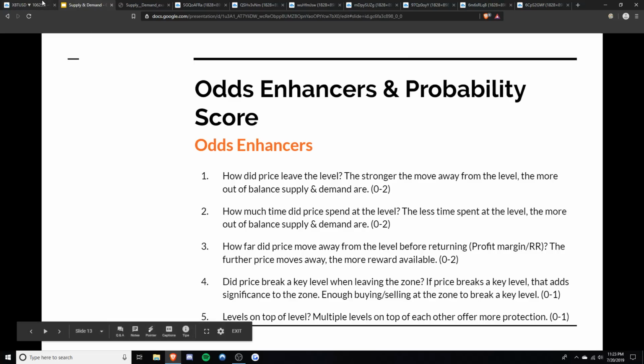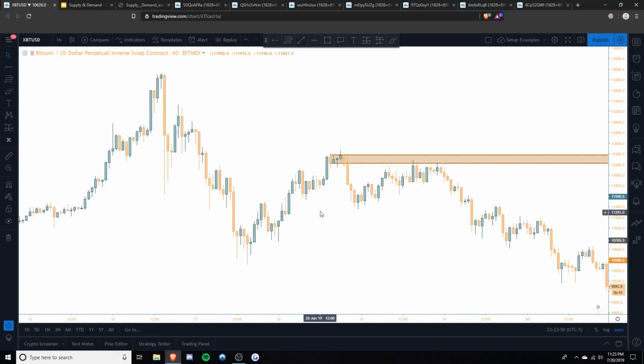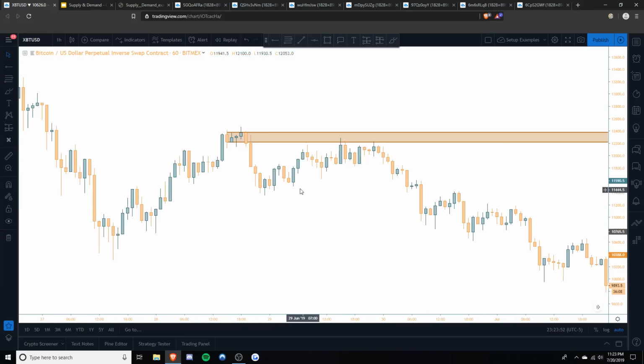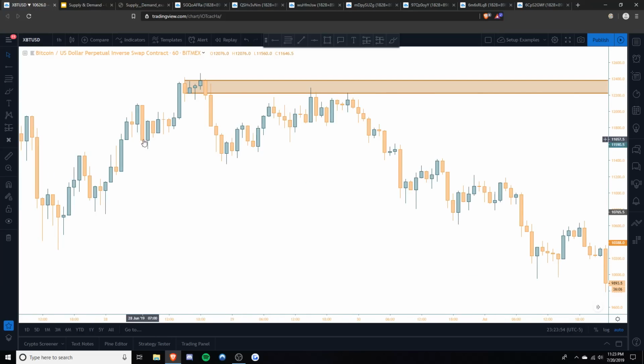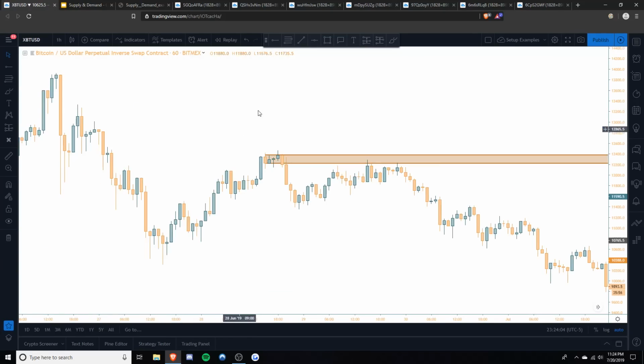Did price break a key level? It did break these lows. I would not say it broke a key level. I mean, it broke these lows to break market structure, but it didn't really break any key level. So no. And do you have levels on top of levels, multiple levels? Well, let's see.